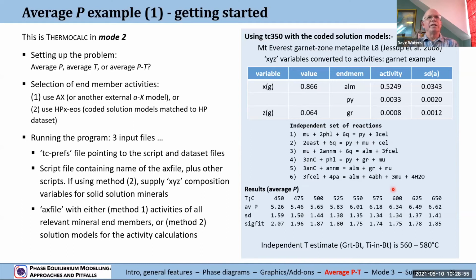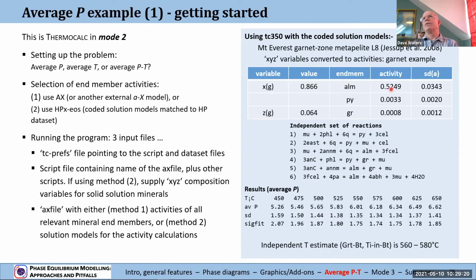The AX file, as I've just said, in method 1, it contains the activities that you're going to use, or in method 2, it contains the solution models, just as it would for a phase diagram calculation. And on the right here, there's some codings that I've produced using the latest version. So I've had to put in a value for the X parameter for a garnet here, 0.866.